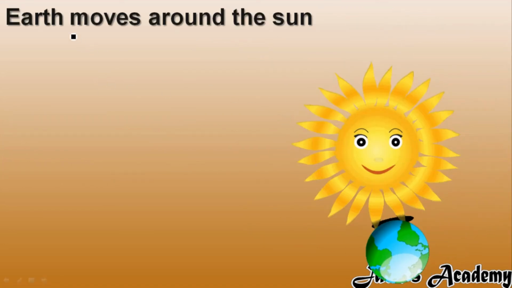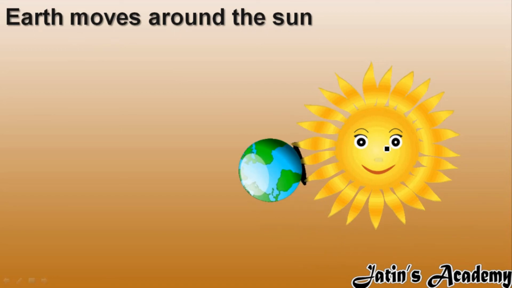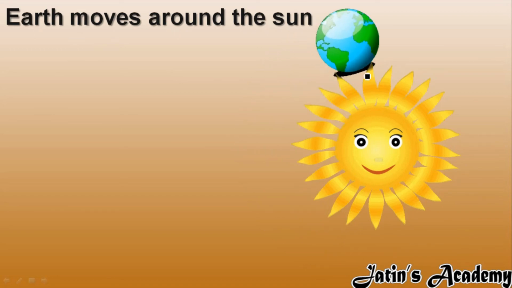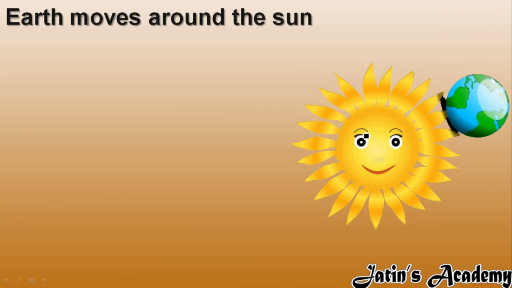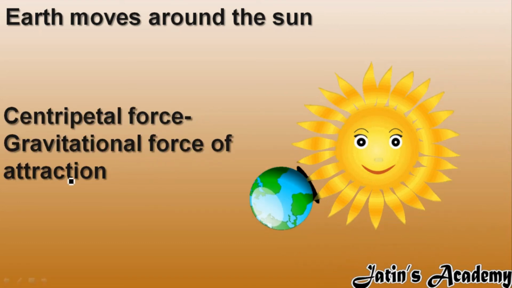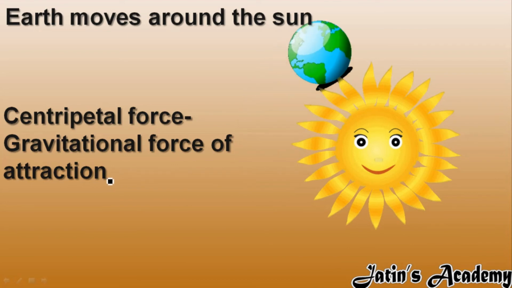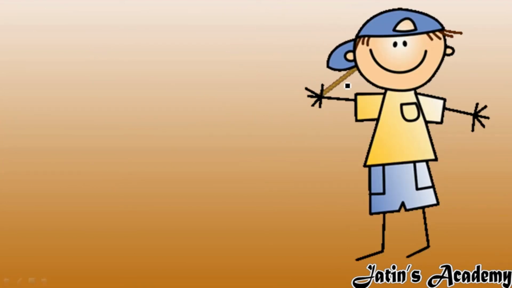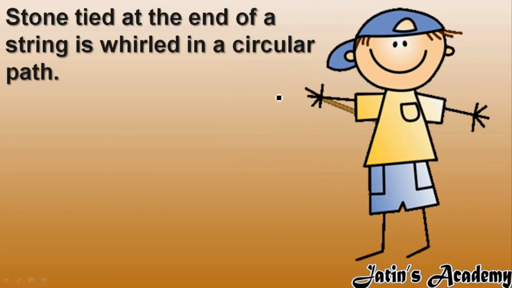As the earth is revolving around the sun, which force is acting? Again there are two mass bodies. So in this case the centripetal force is again gravitational force of attraction. Next we have a boy who ties a stone to a thread or rope. Here a stone tied at one end of a string is whirled in a circular path. So which force is acting? Carefully see, this boy applies a force in this direction.